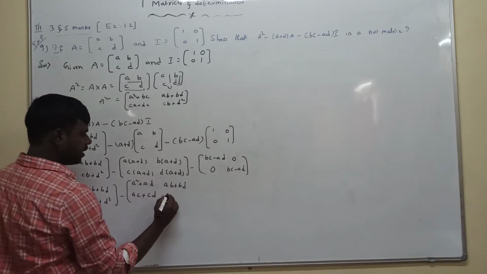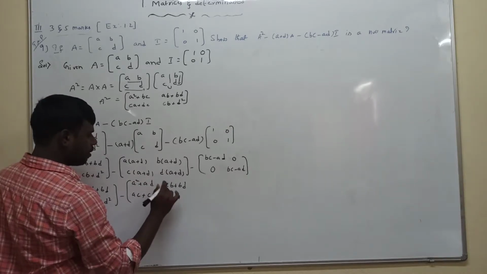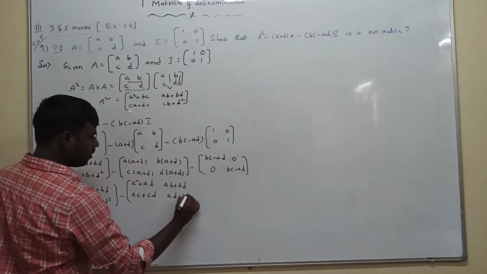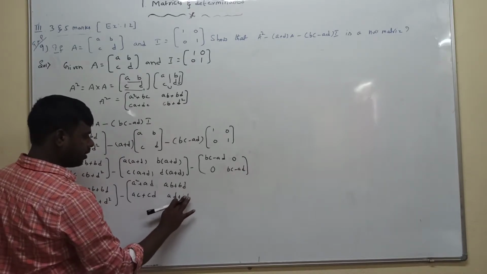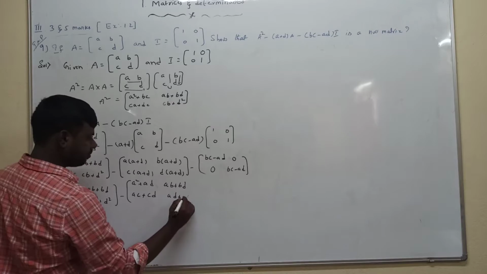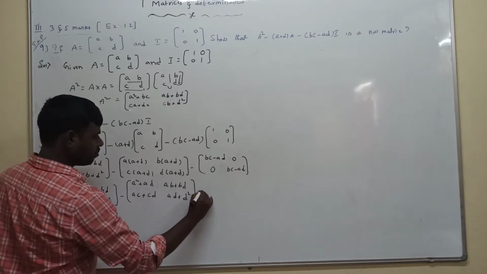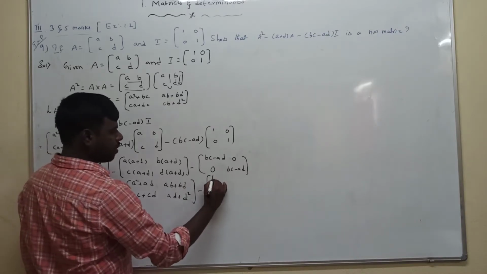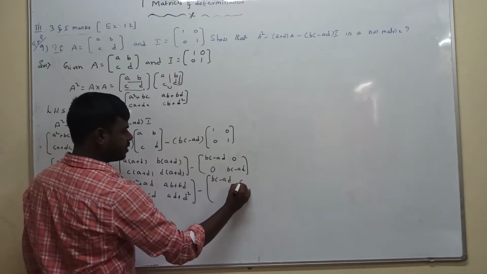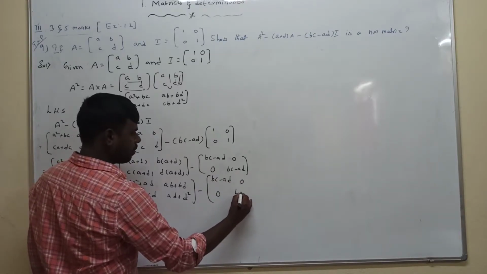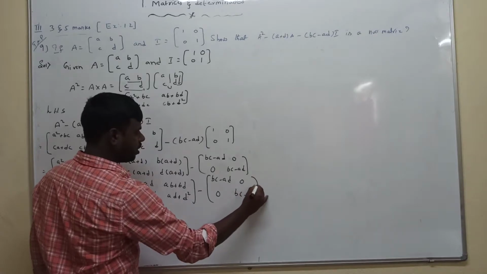Next, d into a is da or ad, plus d into b, db or bd, and d into d, d square, plus bc minus ad, 0, 0, bc minus ad.